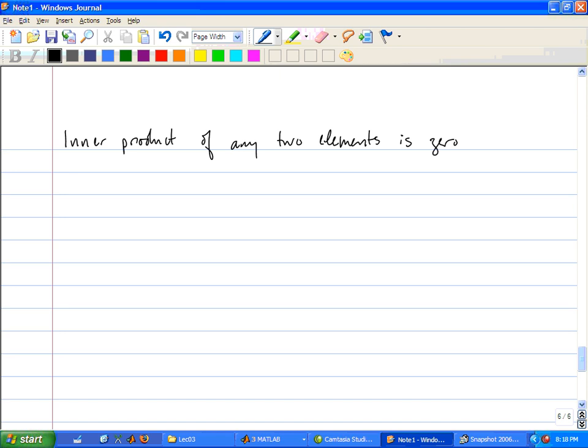So in other words, we often talk about a basis, right? And a basis is a set of vectors that you can combine together to form other vectors. And an orthogonal basis, so for example, let's say that I'm talking about the xy plane, right?